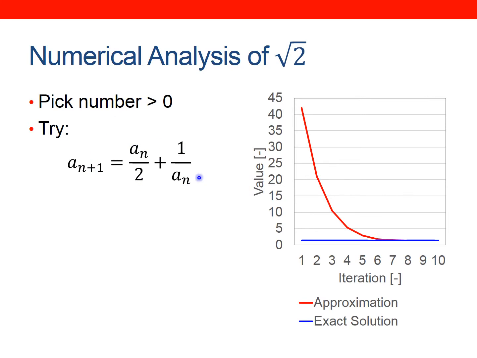Plug that answer back in and keep going. Eventually you will start to converge on the 1.4. After 7 iterations, starting at 42, you can see here the error is good enough. Obviously, even 60 iterations might be good enough as an approximation.